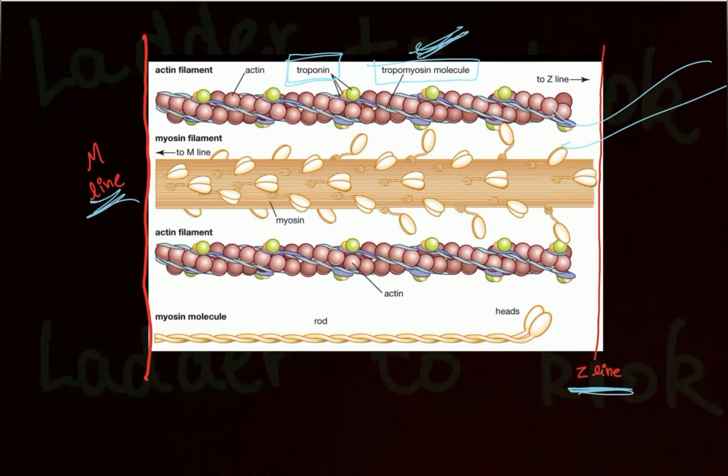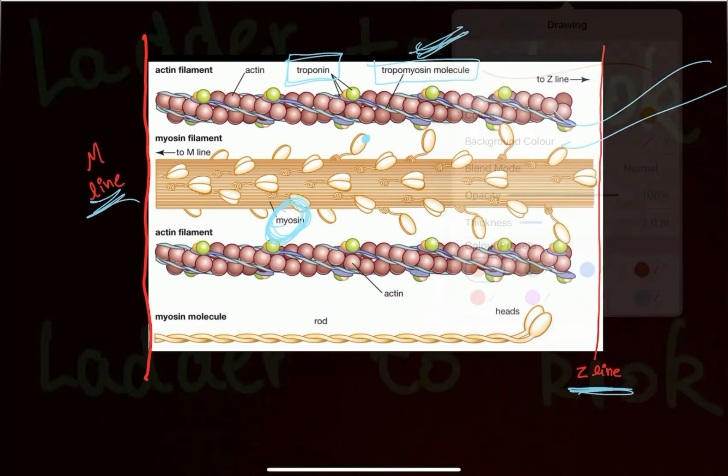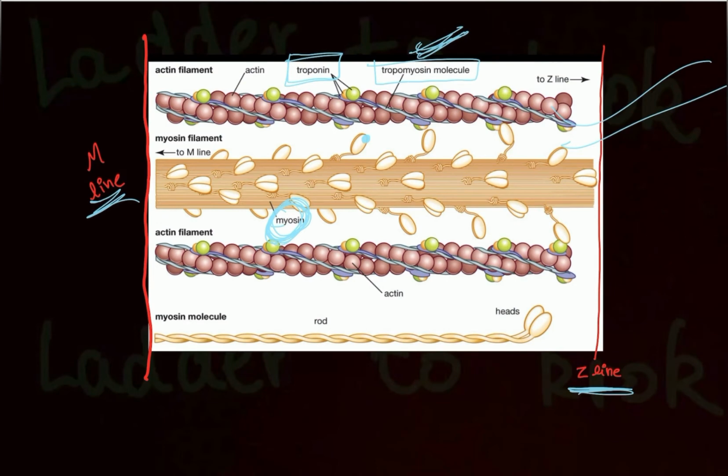These are myosin's heads. They also have an active site, and we already told you they have ATP. During contraction the ATP will hydrolyze into ADP plus inorganic phosphate, and this troponin will go with calcium.